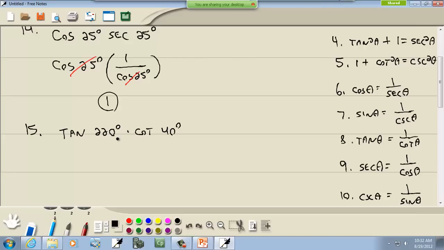Well, if you remember, tangent is a periodic function. Specifically, you can add or subtract 180 degrees, pi. So for this first one here, I can rewrite the tangent 220 degrees. I can subtract 180 from it. Now, if I were to subtract 180 degrees, 220 minus 180 gives us 40 degrees.